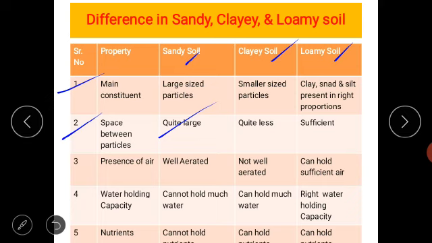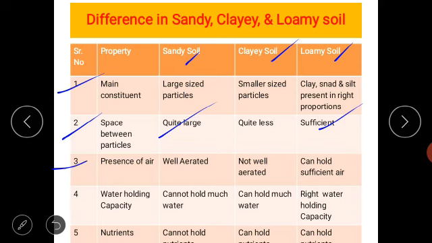And the third type, loamy soil, has sufficient water holding capacity because it is a combination of big rock particles and small rock particles, a combination of clay, sand and silt.